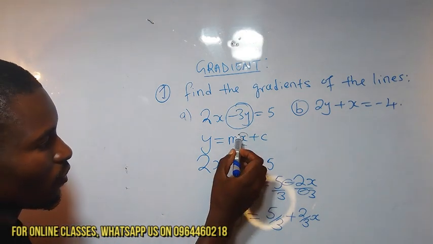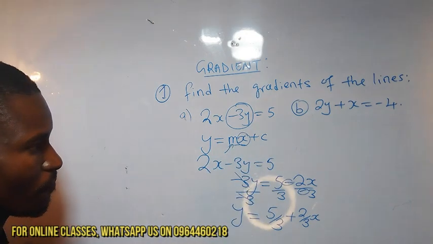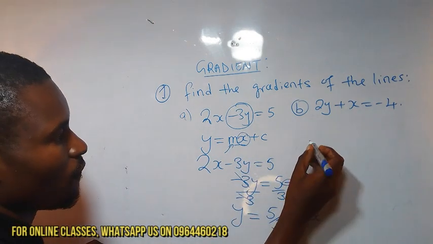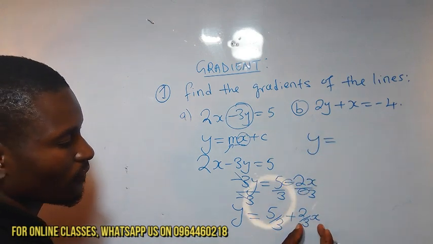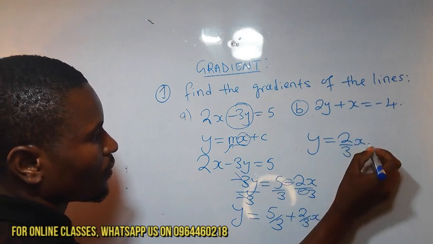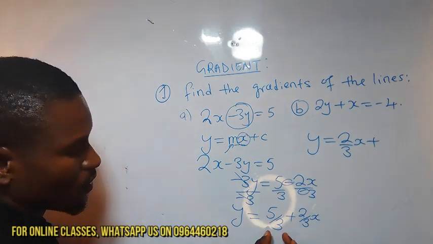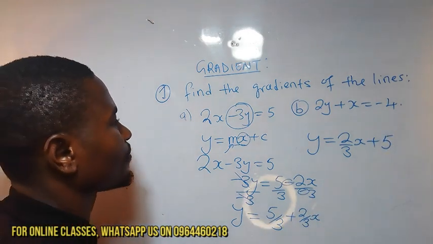The coefficient of the x variable is normally the gradient that you're looking for. So y equals 2 over 3 x plus 5 over 3.